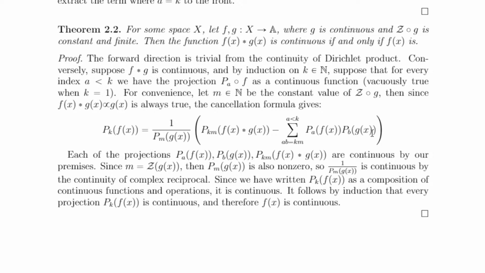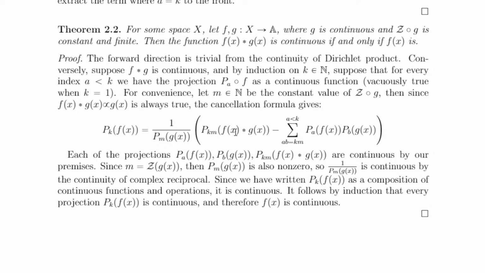This is really useful in this case because by our premise, we've taken the premise that for each of these lesser indices, a less than k, the a projection of f is a continuous function. So that's our inductive premise. Well, this whole term here, this whole summation, we have this projection of g, which is continuous.